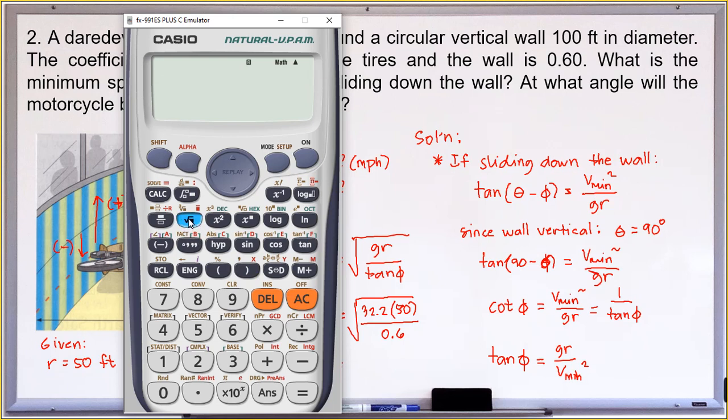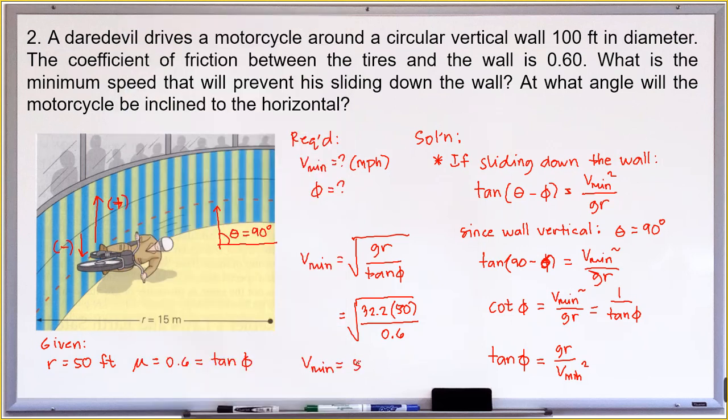So we have the square root of 32.2 times 50 divided by 0.6, which is equal to 51.8 feet per second.